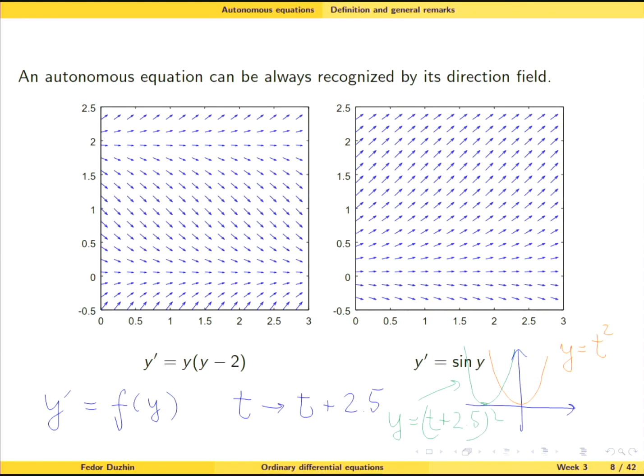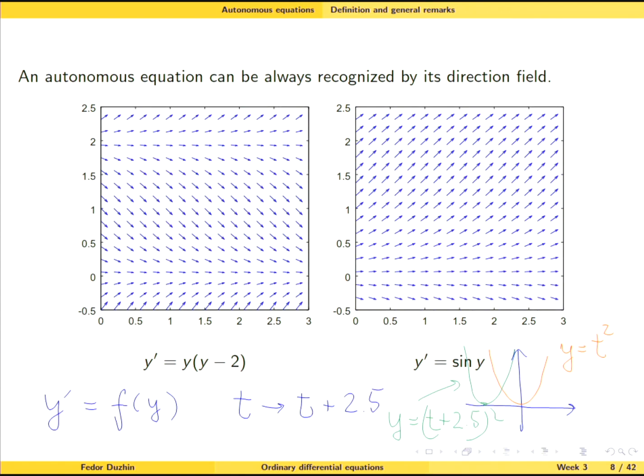So generally speaking, there is this transformation. But if you look at an autonomous differential equation, since it does not explicitly contain t, it means that if you change the current value of t to t plus something or t minus something, the equation does not change.